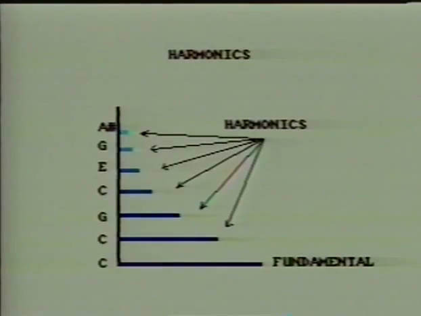C is still the main frequency. It is the lowest frequency in the sound as well as the loudest, but it is not alone. The fact of its being the loudest and lowest means that we discern its pitch above all of the other frequencies, and as the main frequency, we refer to it as the fundamental. All the other frequencies that make up the composite sound are called harmonics, or overtones, or partials.